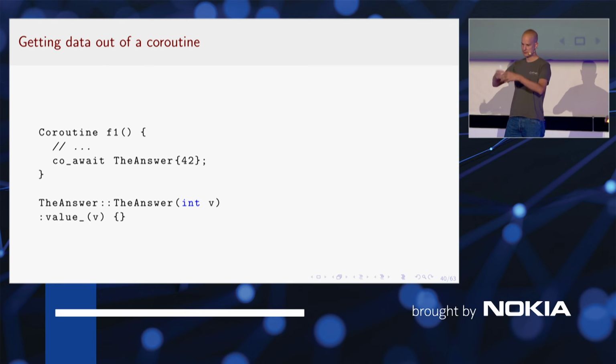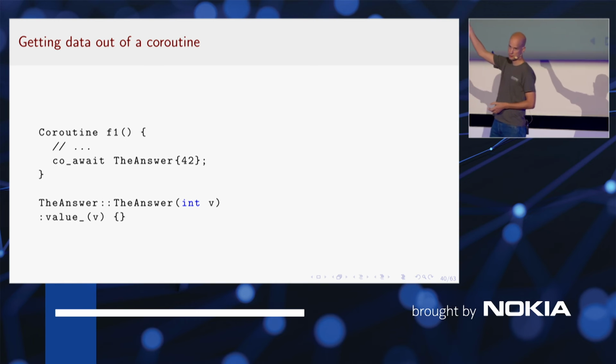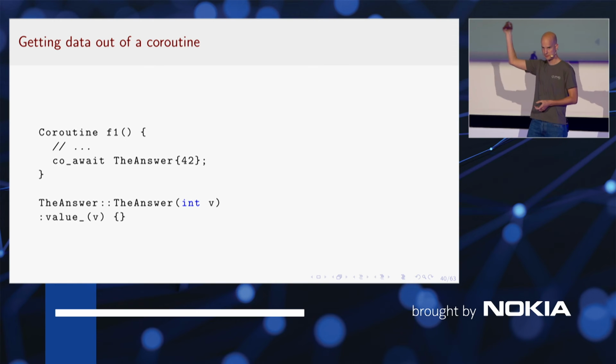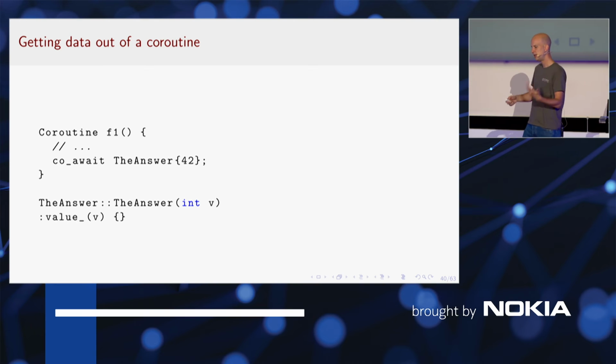In this case, the call that you see there is simply a constructor call, right? So that is my awaitable type, and I give it a constructor that accepts the value that I want to pass out. And then inside the constructor, I'm simply going to store that value in a member variable inside my awaitable type.